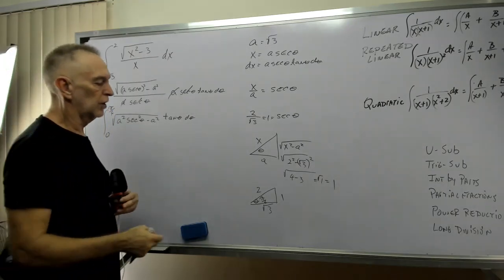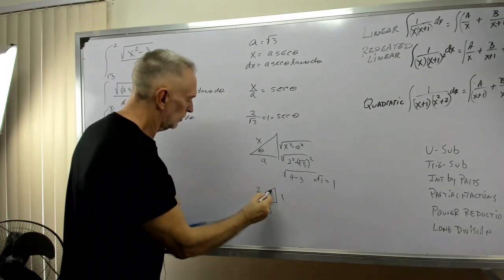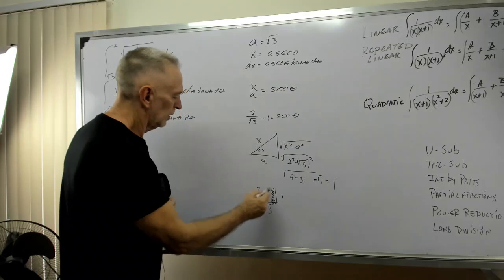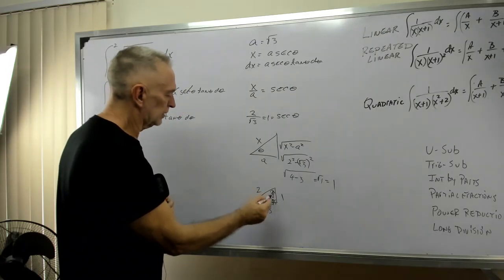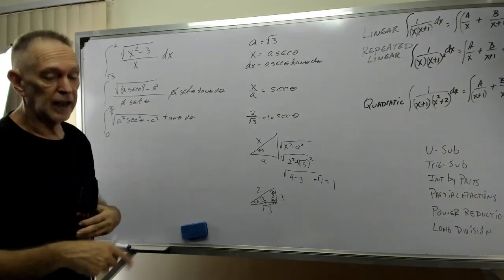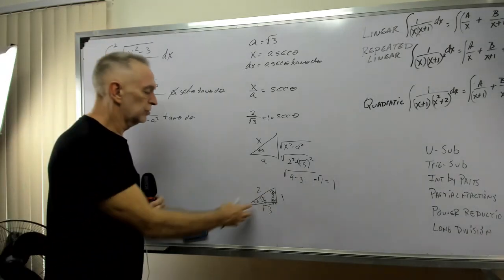I would encourage you to learn certain triangles. This 30, 60, 90, so this is pi over 3 up here. This is pi over 2 in the corner. From that 30, 60, 90, you can get the tangent, cosine, sine of those angles.